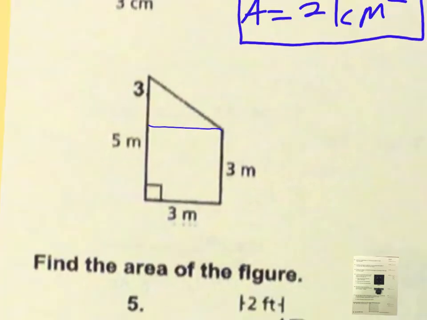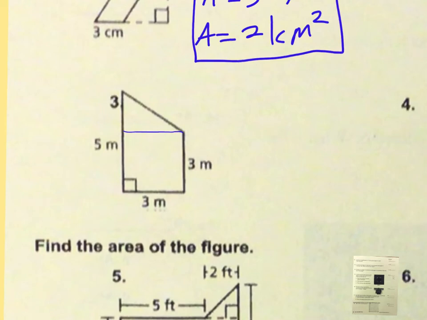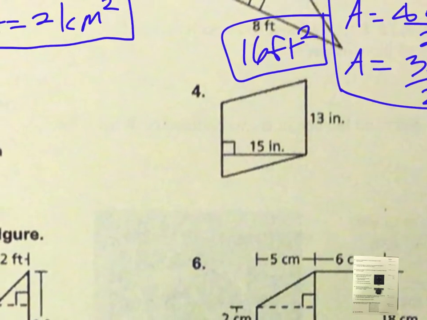If that whole thing right there is 5, and I know that from here to here is 3, that makes this part right here 2. So if you know that's 2, you know that one's 3 because this is 3 over here. So from here, you should be able to find the area of that trapezoid. I just wanted to kind of give you a hint on that one.